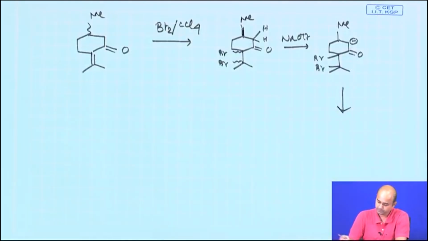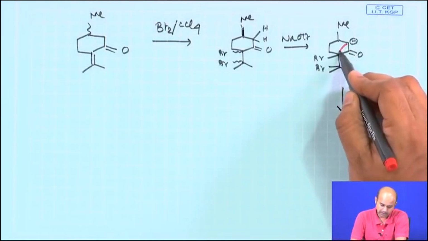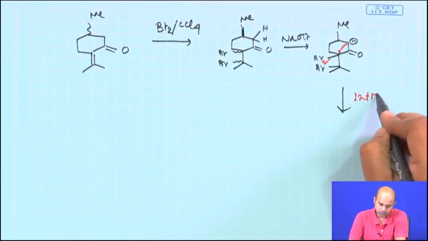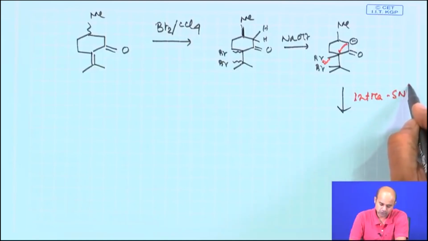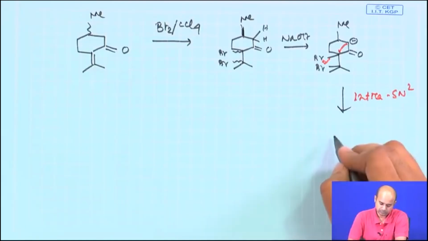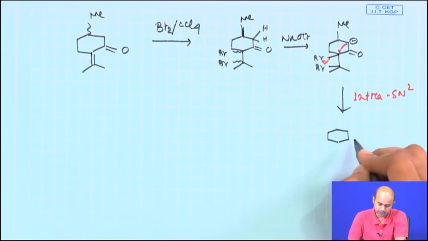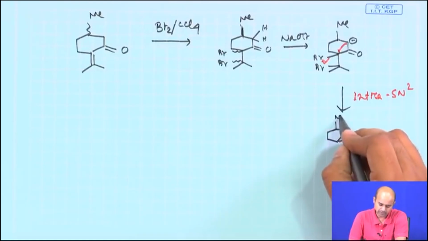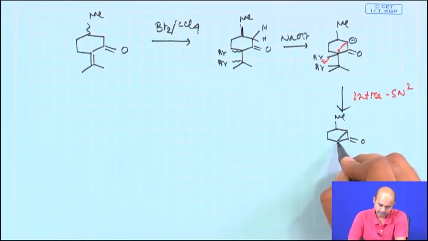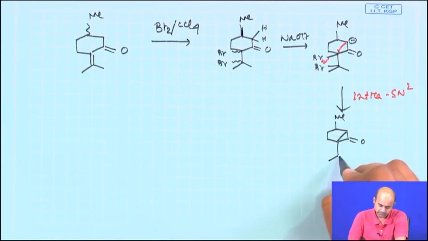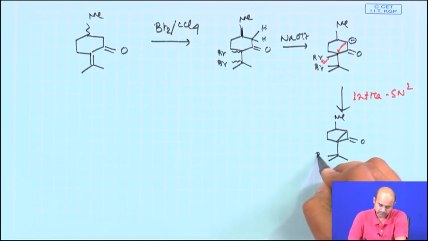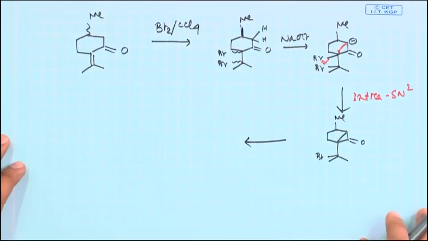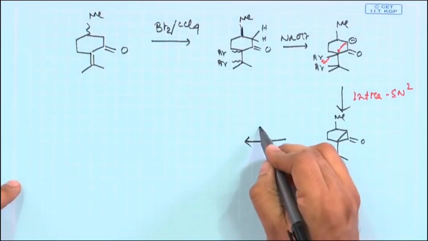This carbanion now can attack here through an intramolecular SN2 type reaction. So, we will have this Favorsky in action, and we have this 5-member ring and 3-member ring, and then you see something like this. Okay.